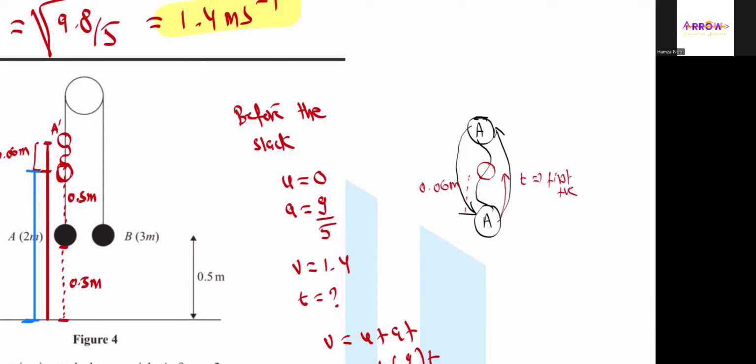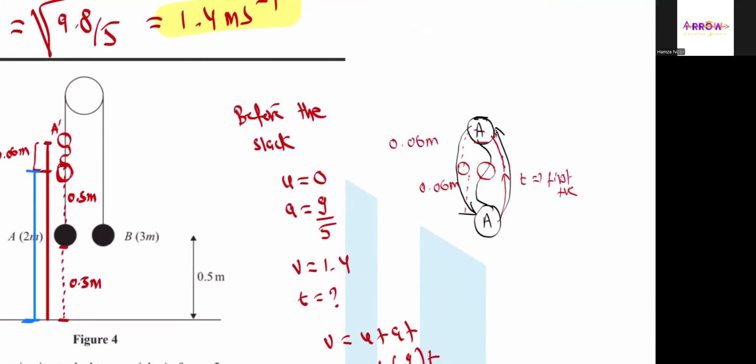Then we have another positive value of t, because particle A will go up to the highest point and then come down, so the displacement will again become equal to 0.06 meter.